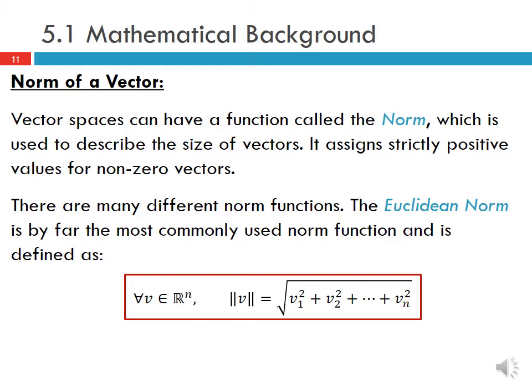For every vector v in my space Rn, the norm of v is given by the square root of the sum of the squares of all of the components of v. So the square root of v1 squared plus v2 squared up to vn squared. That is the form of the Euclidean norm, and it tells me how big v is.